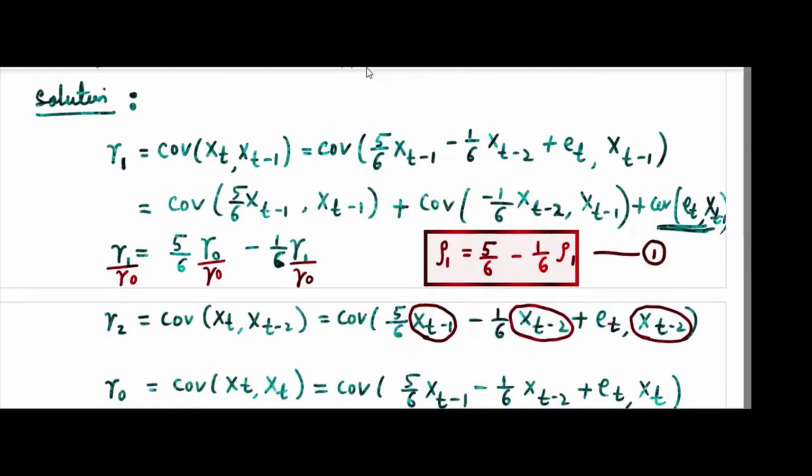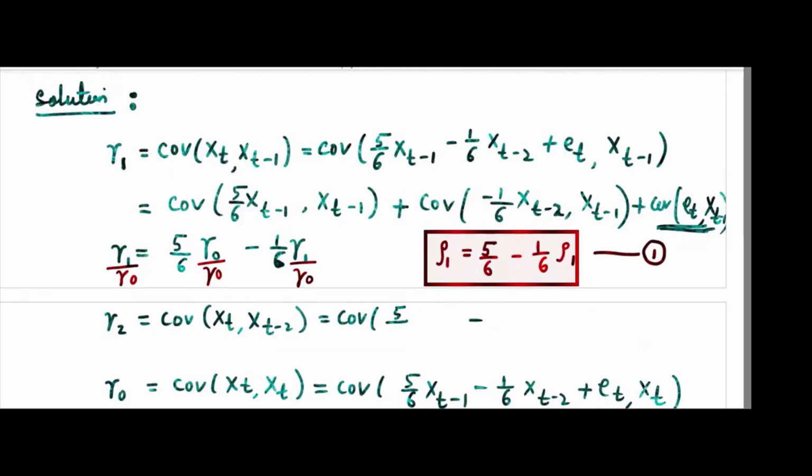And there is no link between e_t and x_t minus 2. It's independent of the past of the process. This is the random shock today. That's why in our model, there is a stochastic part. So the stochastic part of today, the random shock, white noise, whatever you say, has no link with the past values of the process anyway. So this will be 0. So our second equation will be this. Let me write here only.